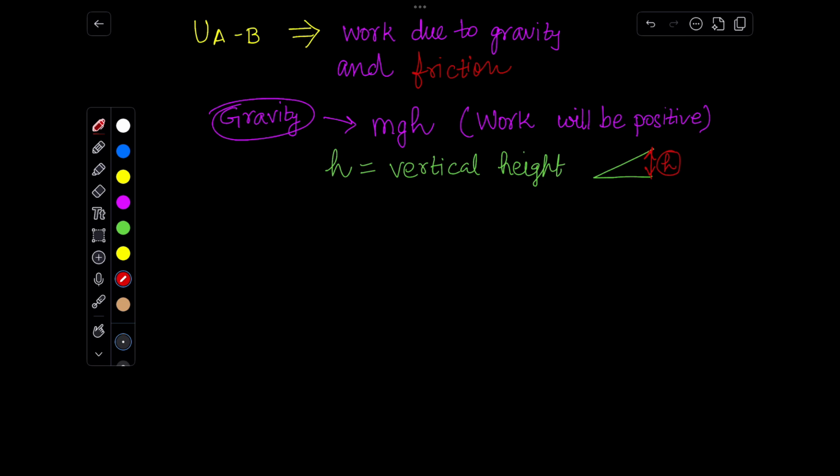The length of this path is already given, 10 meter, and the angle is 15 degree. So here you can write the values: 50 kilogram multiplied by 9.81 multiplied by sine 15 multiplied by 10 meter.